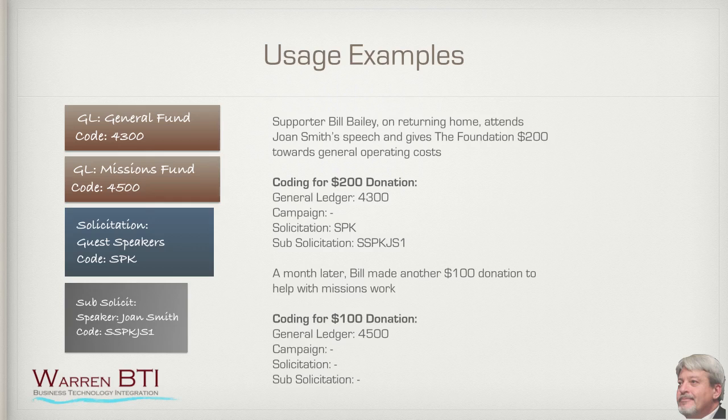And the point being here that other than the General Ledger Code, which as we said should always be filled in for every donation, the other 3, campaign, solicitation, and sub-solicitation code, will only be filled in on an as required or an as appropriate basis. So there was no campaign associated with this, so we leave that field blank in this case. We do, however, fill in the solicitation code to identify that the money came from a speaker, and the sub-solicitation code indicating the particular speaker that it was associated with.